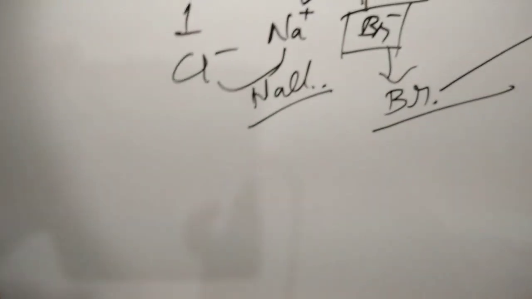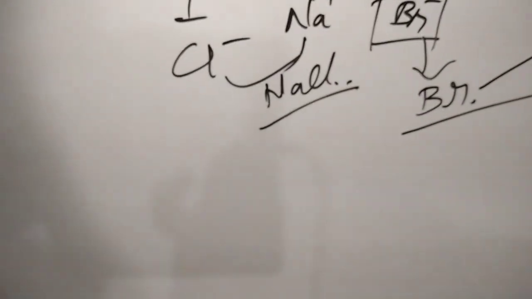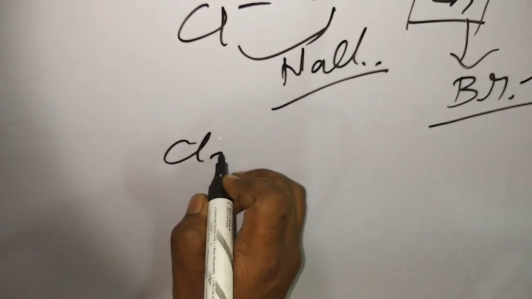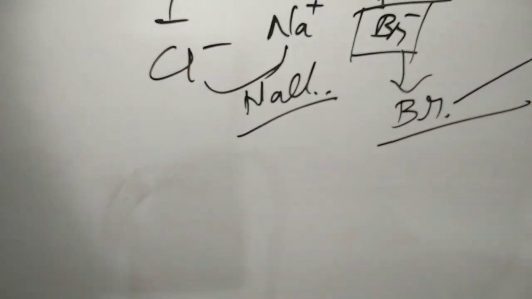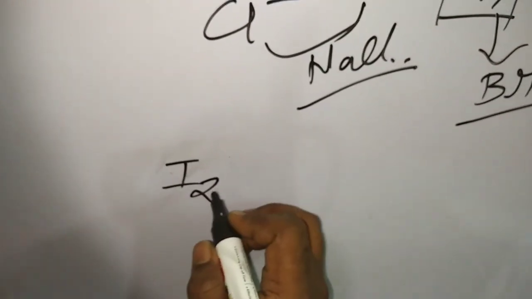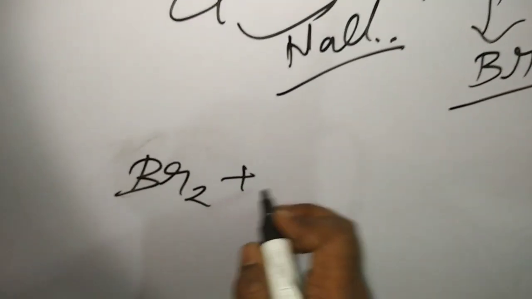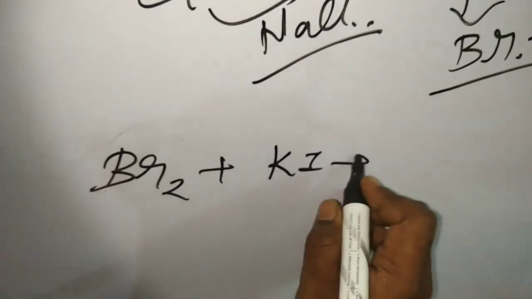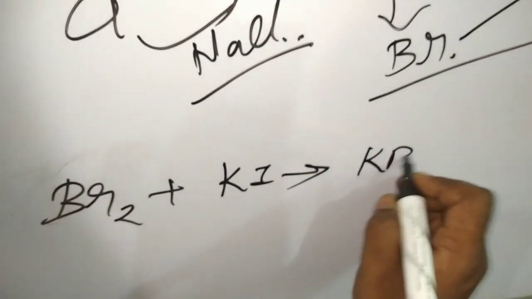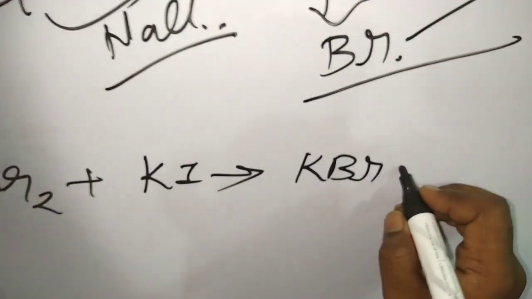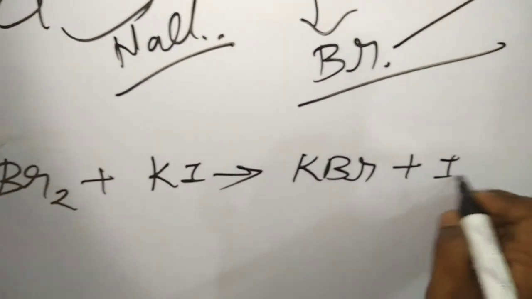Let's see the other example also of anion replacement. When bromine reacts with potassium iodide, it forms KBr and iodine.